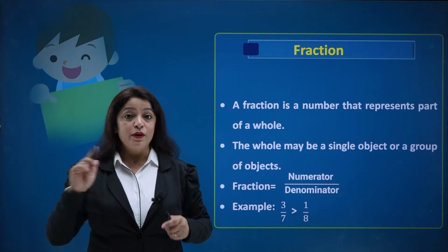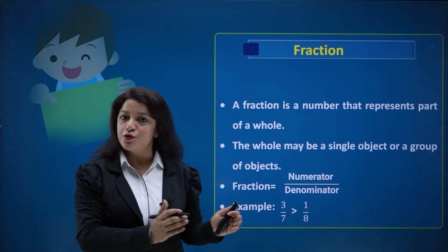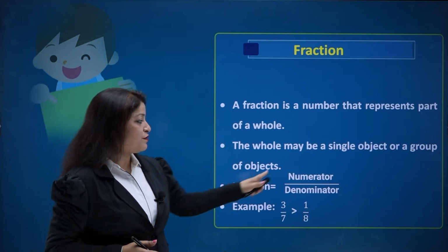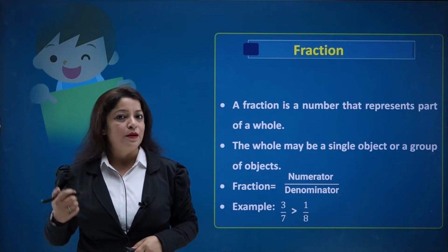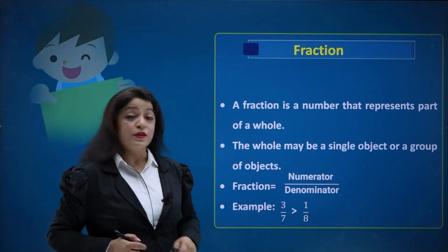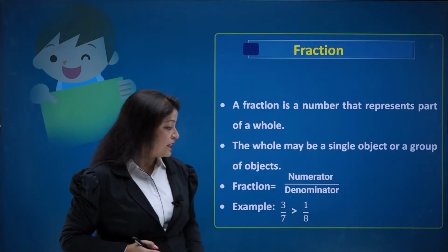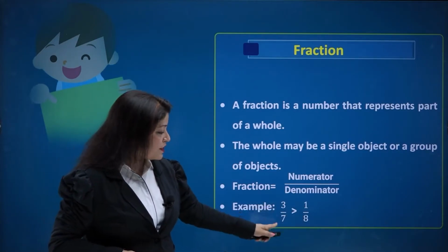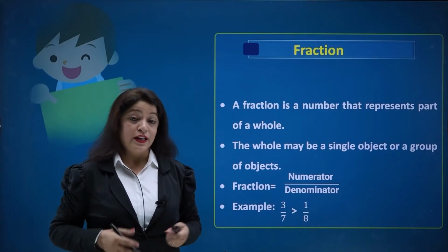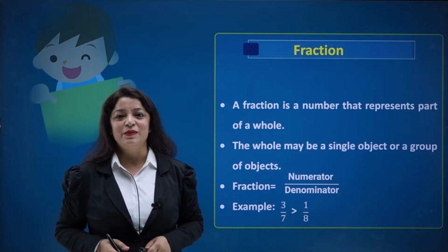That means from a group of objects we are taking a portion out of it. Similarly, we can say that a fraction can be written as numerator upon denominator. For example, we can say 3 upon 7, we can say 1 upon 8, and can we say that 3 upon 7 is greater than 1 upon 8? So let us discuss, is it right or not, in the later segments here.